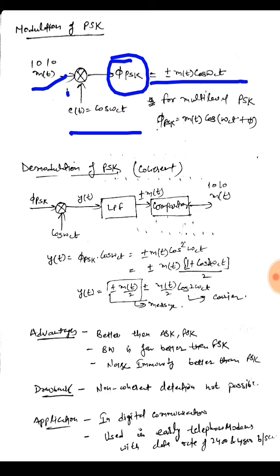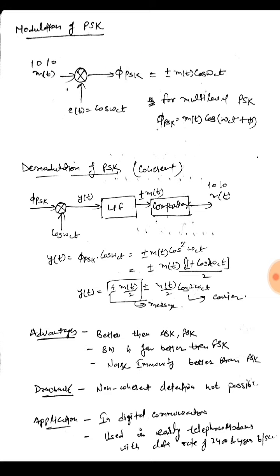For a multi-level PSK we can have m(t) cos(omega_c t + phi). Like if it is a case of QPSK, then it will be m(t) cos(omega_c t + 0, 90, 180 and 270), as we have seen.